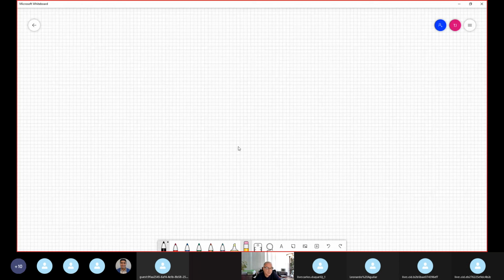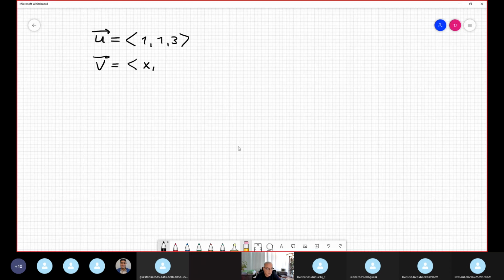Suppose we have 3 vectors, and we manipulate with these 3 vectors. The first vector U is 1, 1, 3. The second vector B is x, negative 1, positive 1. And the third vector W is 1, y, z. Okay. Entonces, some component is missing in these vectors because I declare them like a variable.